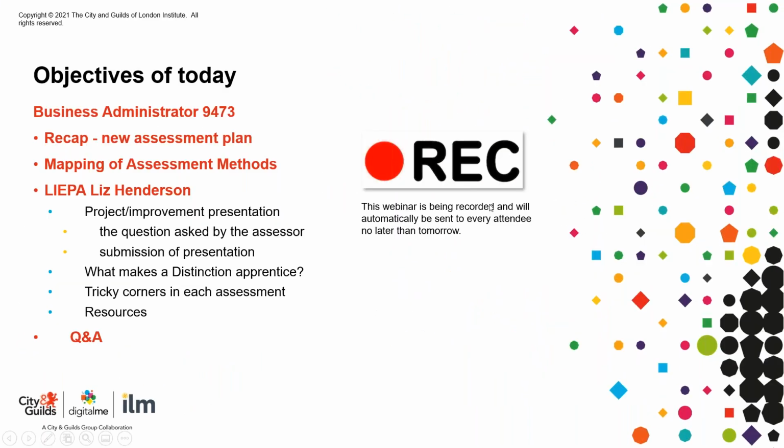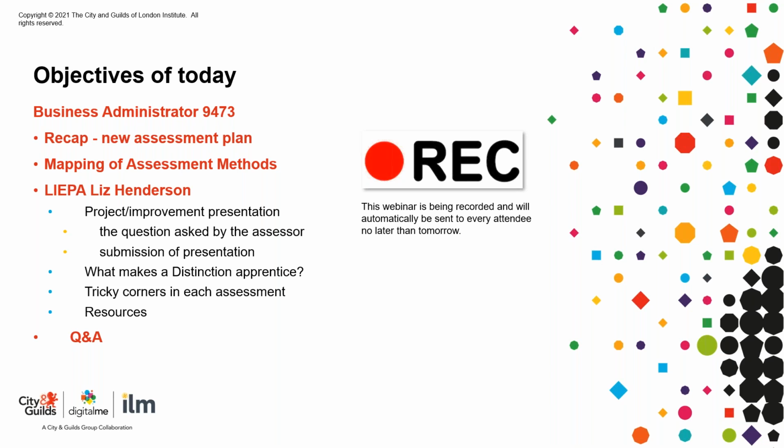Okay, so the objectives of today are to look at the new assessment plan AP03 in a little bit more detail. We're going to have a quick recap for those that haven't managed to join in the past. We're going to look at the mapping of the assessment methods from Judy, and then we're going to introduce Liz, one of our lead LIEPAs, who's going to go through the project presentation, any questions asked by the assessor, the submission of the presentation, and what makes a distinction apprentice.